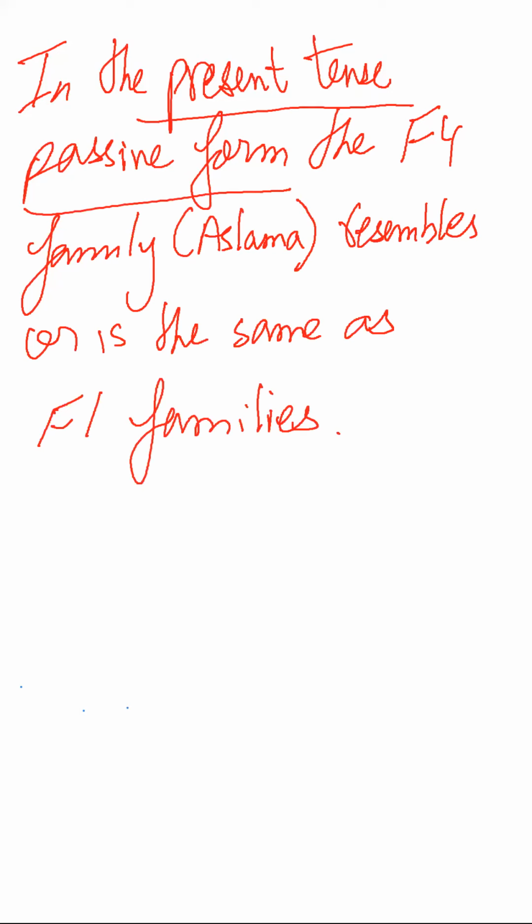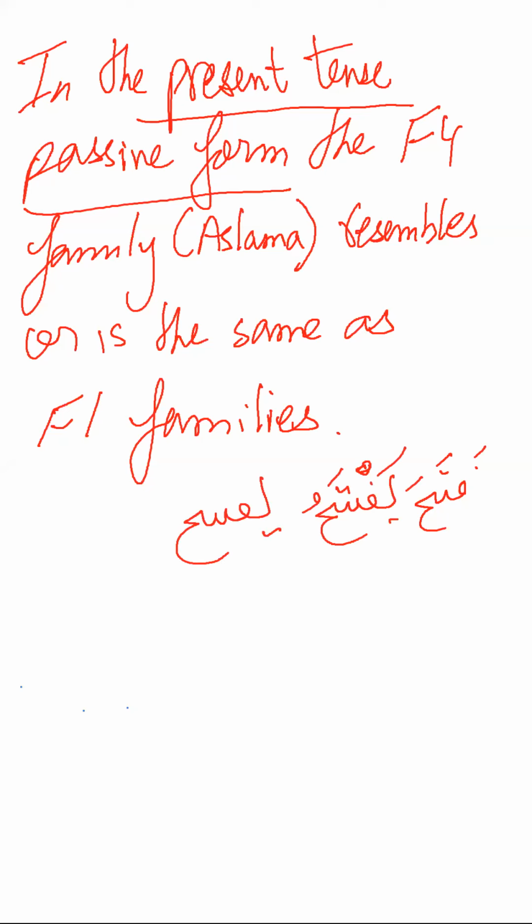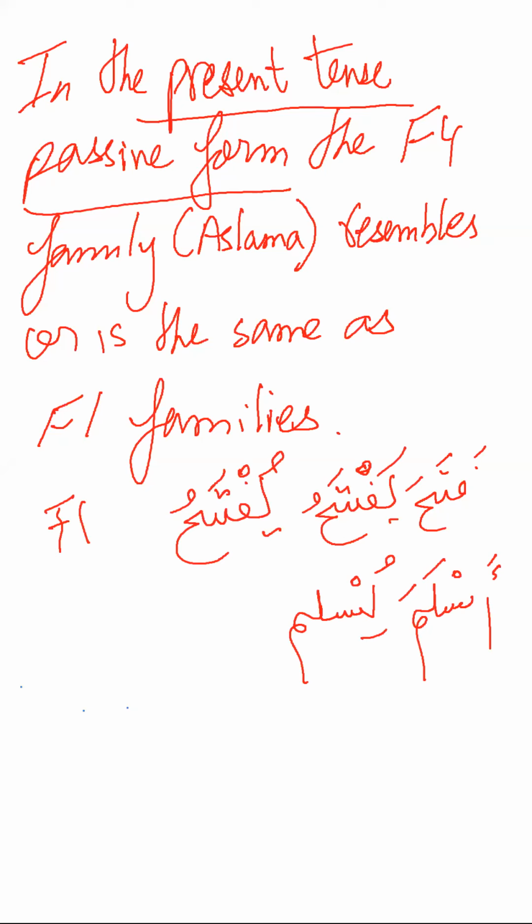So you can write the example like Fataha, Yaftahu, Yuftahu, right? This is family 1. Then Aslama, Yuslimu, Yuslamu.